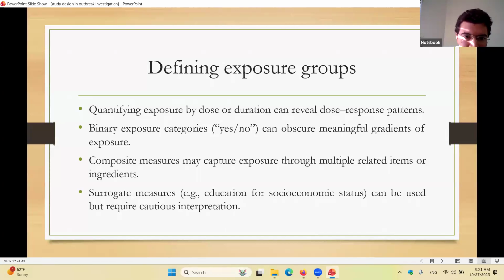Composite measures may capture exposure through multiple related items or ingredients. About surrogate measures, for example, education as a proxy for socioeconomic status, they can be used, but require cautious interpretation.